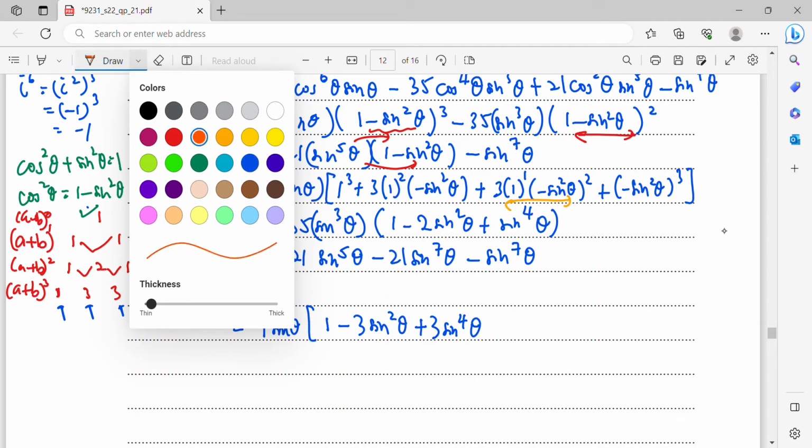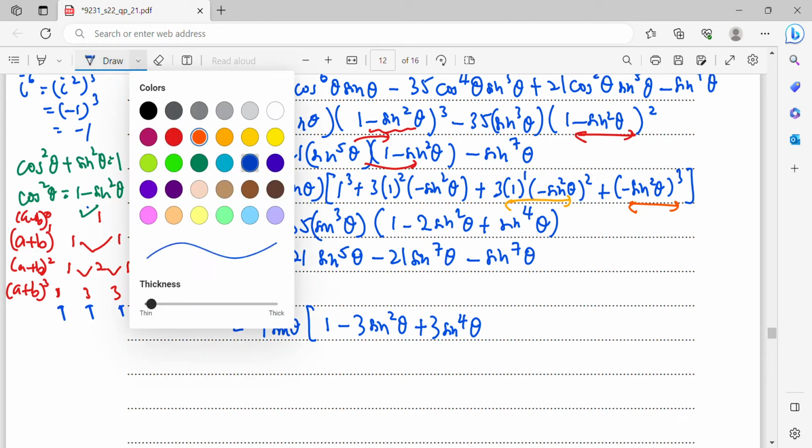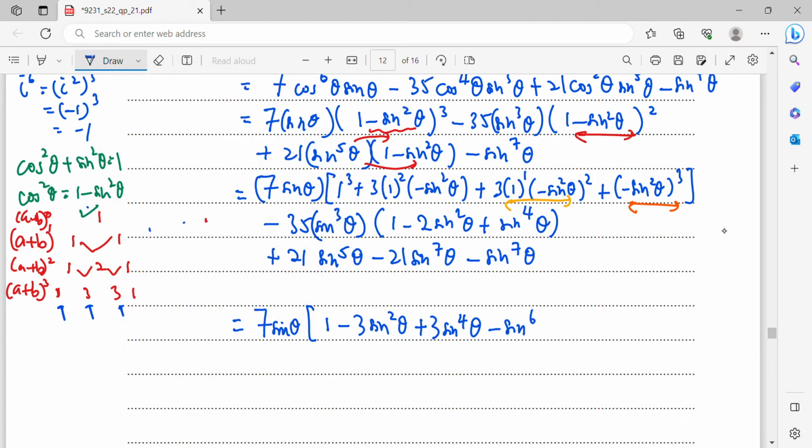Then next term, cube of negative sine squared theta. Negative cubed is still negative, and sine squared theta cubed becomes sine^6 theta. So negative sine^6 theta. Close bracket.